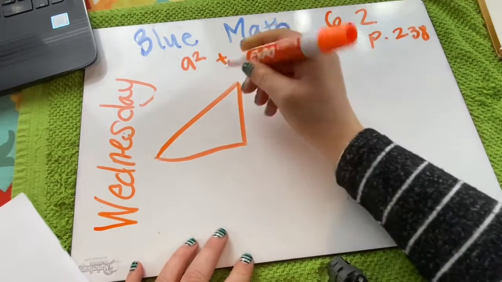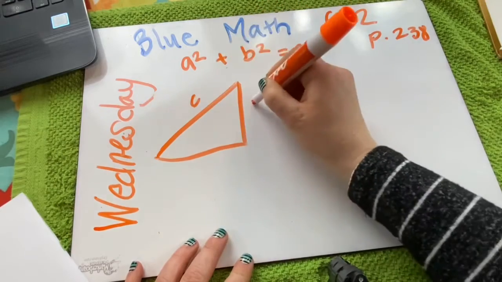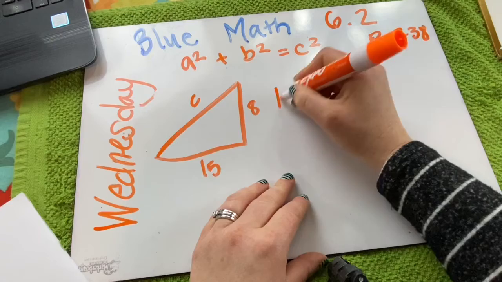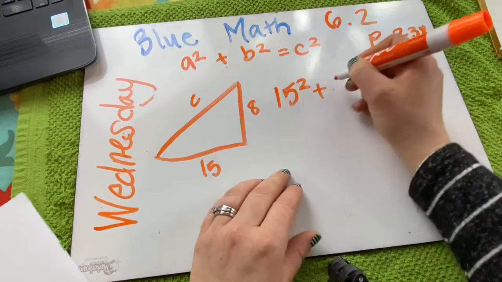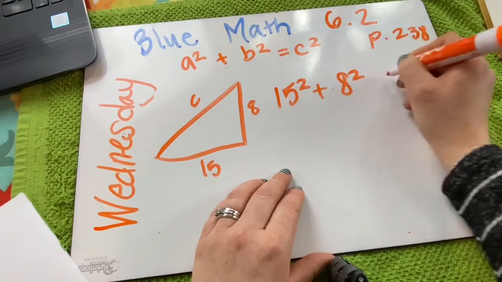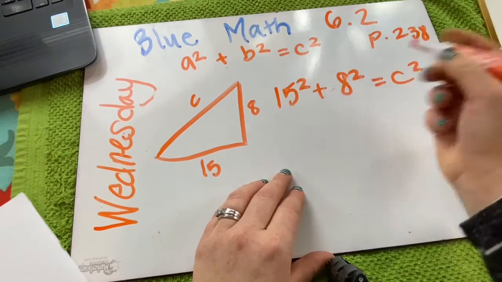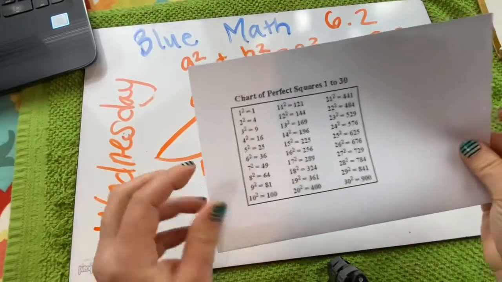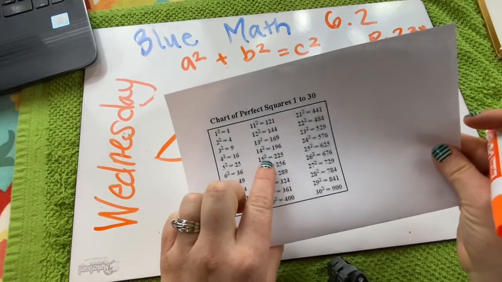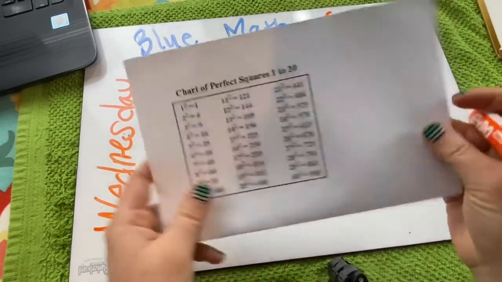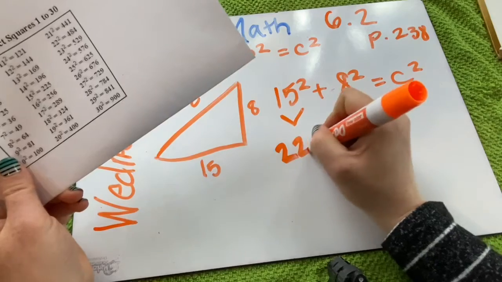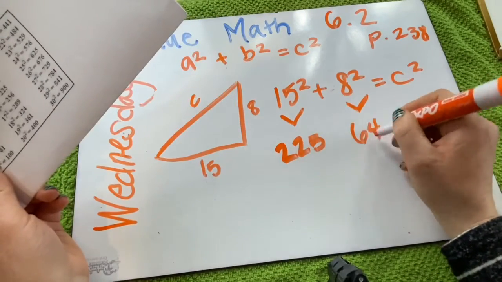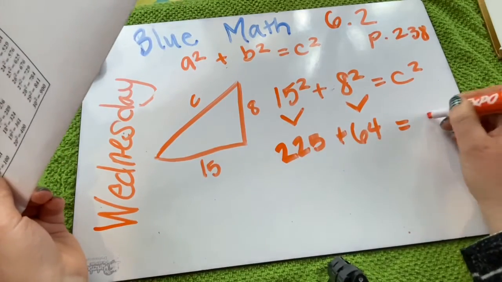Okay, here's the next one. This is c squared, 8, and 15. So like I said, it doesn't matter. So you're going to have 15 squared plus 8 squared equals c squared. Okay, so 15 times 15, use your cheater sheet from yesterday. Do not throw that away. Is 225. Okay, 8 times 8 is 64 equals c squared.